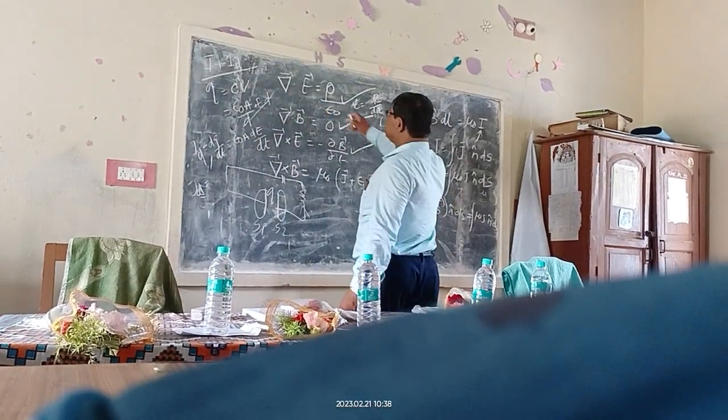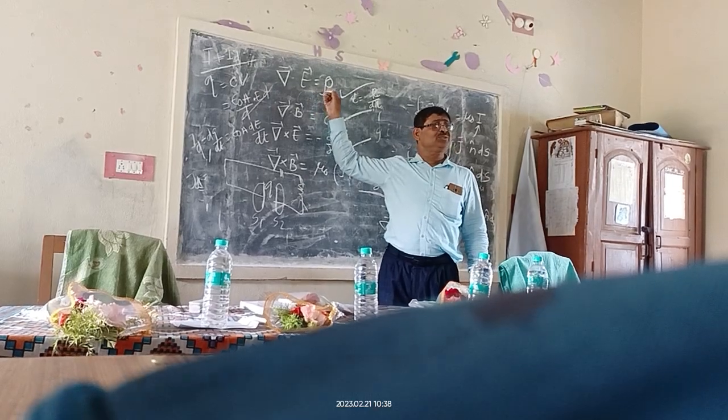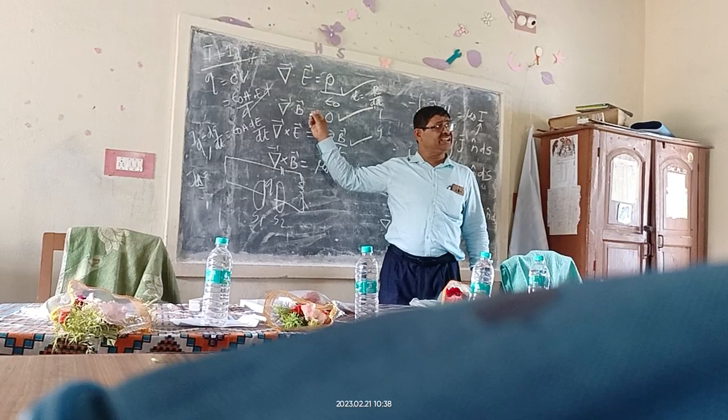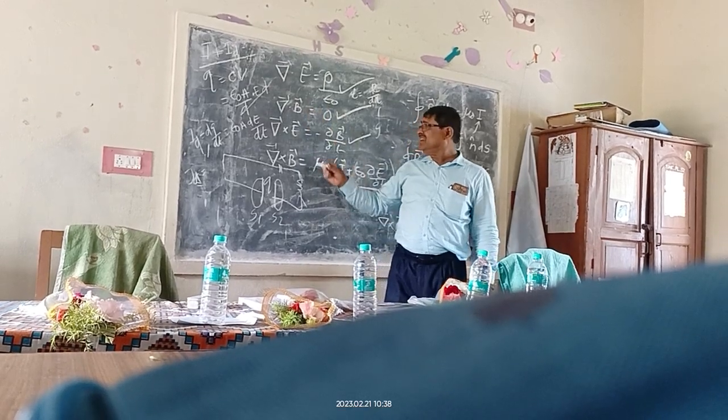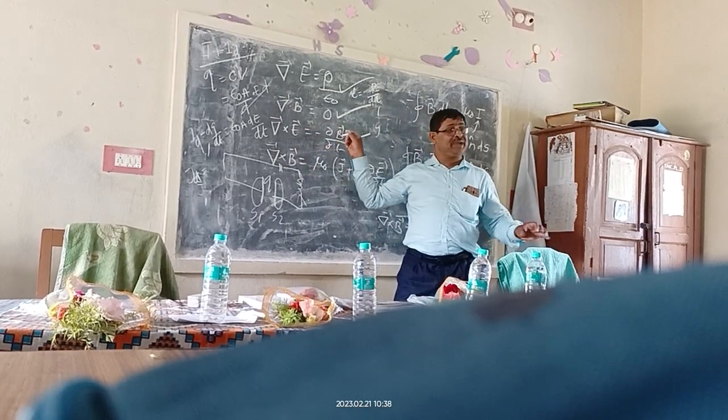It suggests that the electric charge in a closed circuit is capable of producing a varying electric field. It suggests magnetic monopole does not exist. It suggests induced EMF is capable of producing a magnetic field.